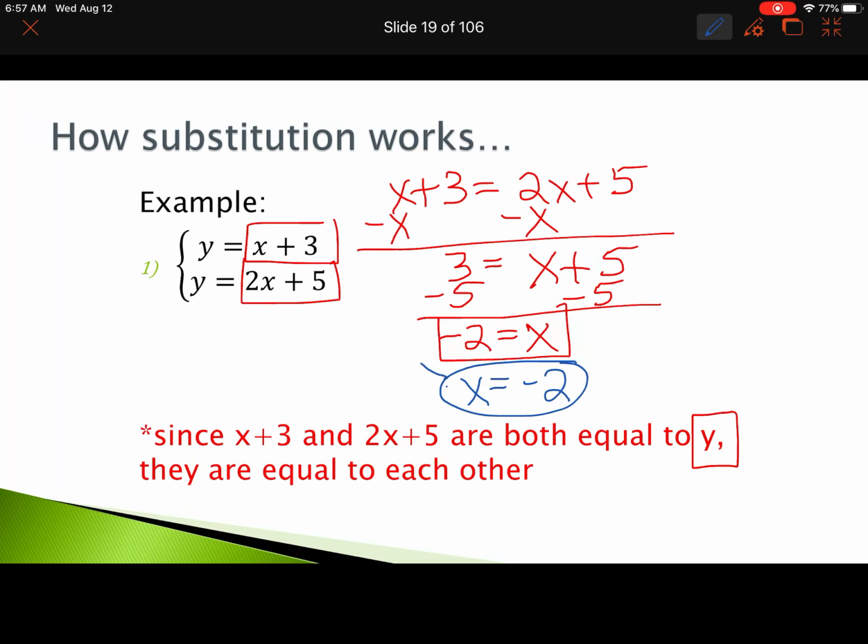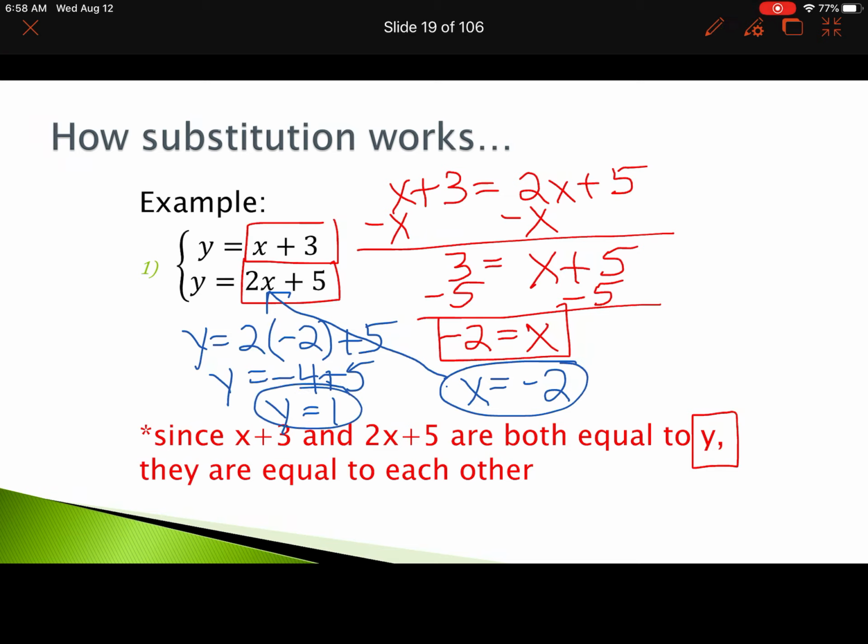So I'm just going to use this x value and plug it into the lower equation. You can plug it into either one. If x equals negative 2, y equals 2 times negative 2 plus 5. I'm going to simplify for us, and y equals 1.